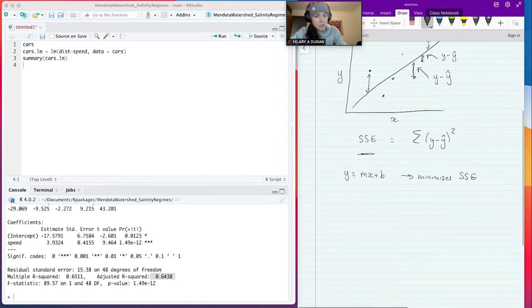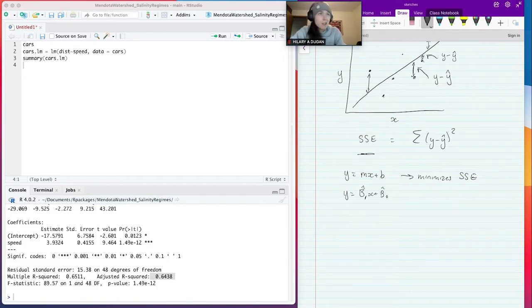And often you'll see this equation written as y hat equals b1 x plus b0, where the parameters are b1 and b0. These are equivalent. There are just different mathematical notations of how to write that.